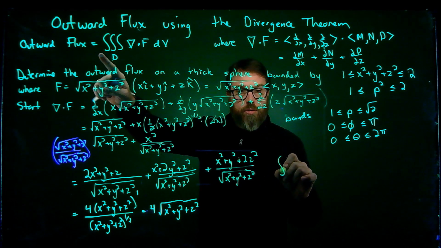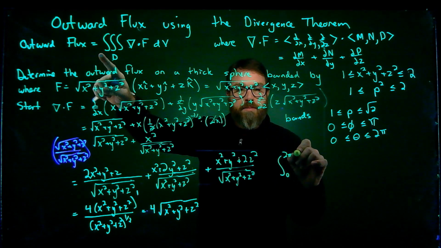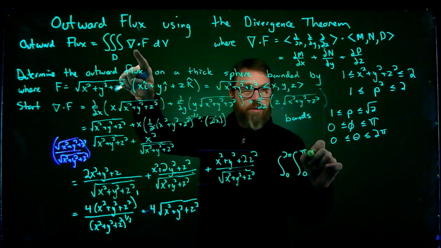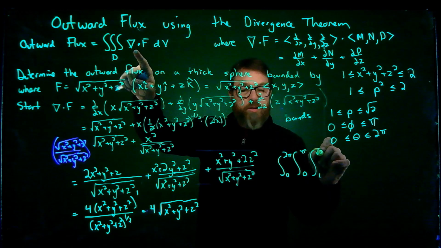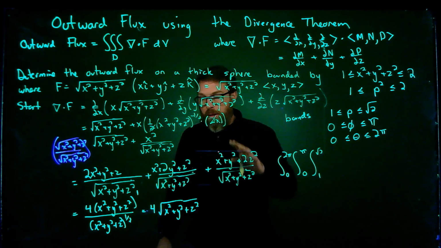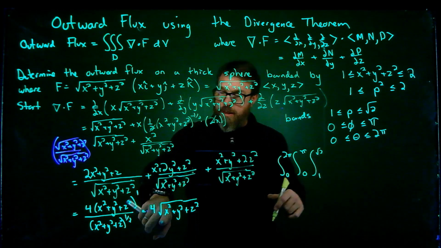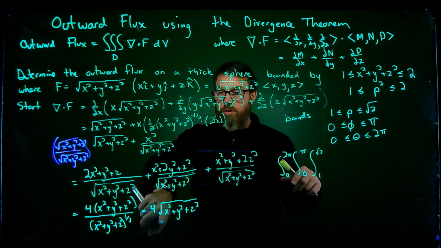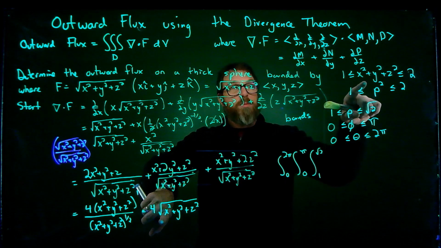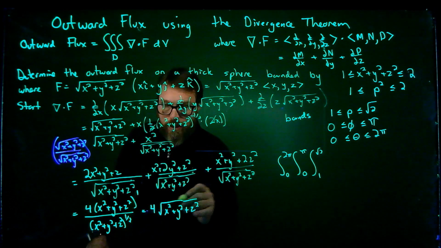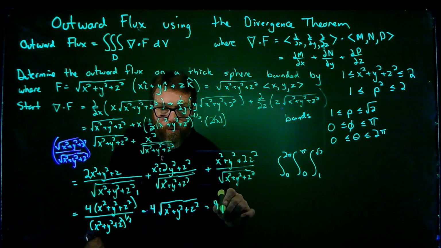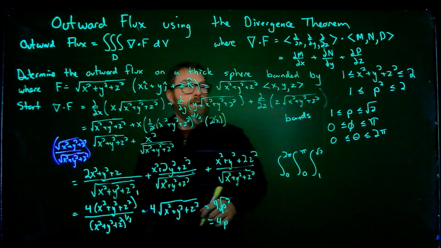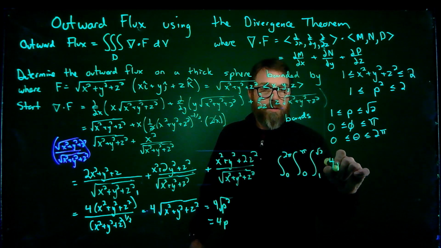It's going to be the integral from 0 to 2 pi of the integral from 0 to pi of the integral from root 1, which is 1, to root 2 of, remember, our integrand is going to be this. Turning this into spherical coordinates, we know that x squared plus y squared plus z squared is rho squared. So this is going to be 4 times the square root of rho squared, which is 4 rho.